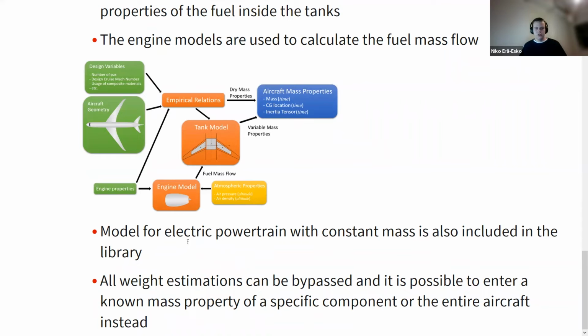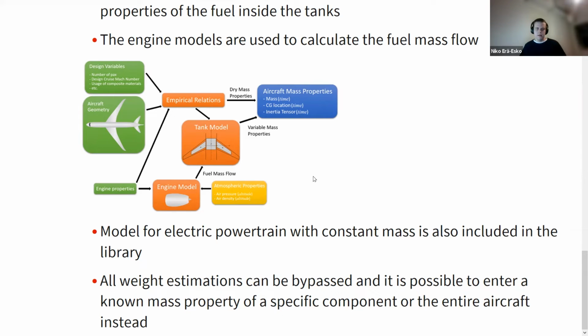And then should any mass property of any component be known exactly, then we can just bypass the equations for estimating that value and then just enter the known values. And that is most likely usually the case for the engines. We can choose some certain engine and then just enter its mass properties into the model instead of estimating them.